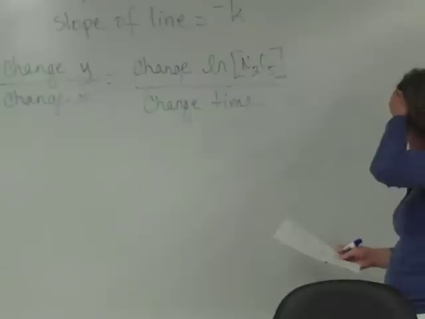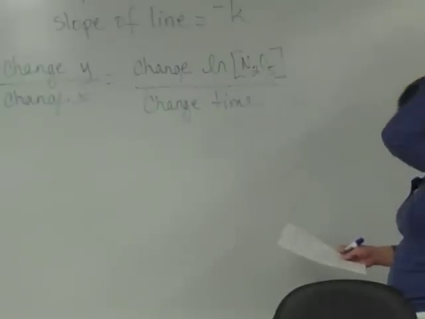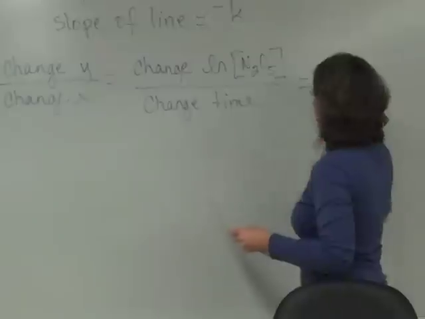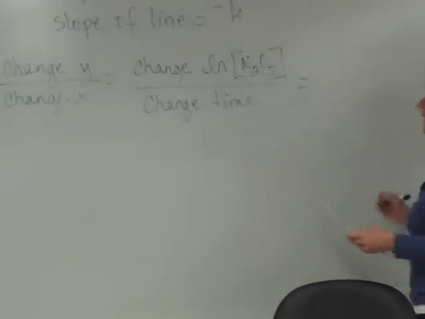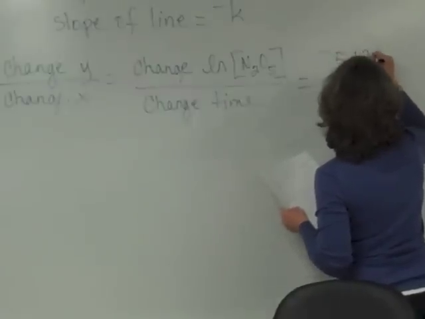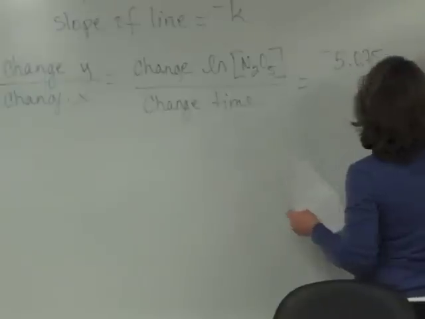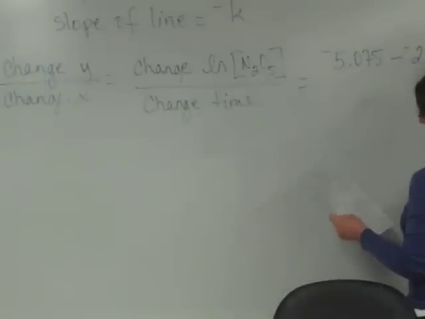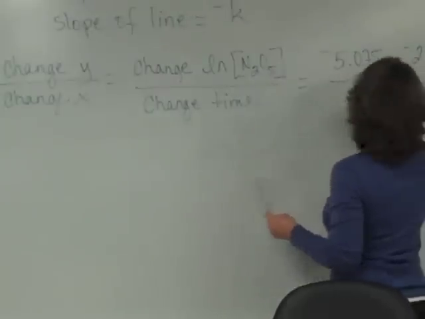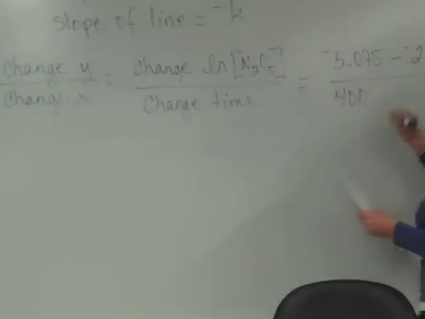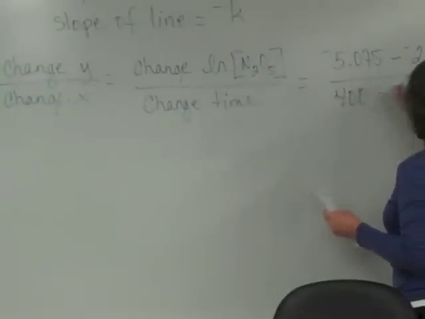And so what I'm going to do is take the last data point, which is negative 5.075, minus the first data point, 2.303, and that's going to be over 400, so time at 400 minus initial time.